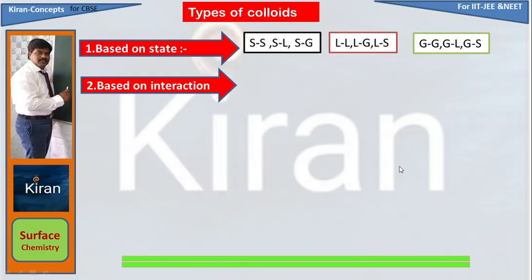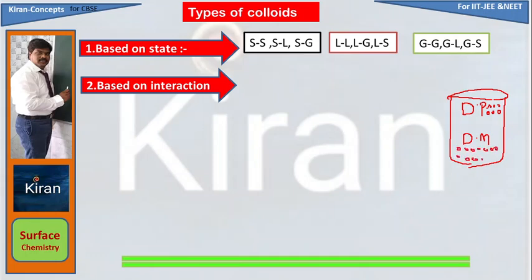Second one, based upon interaction. In a colloidal solution, we have 2 components. Component 1 is dP, the dispersed phase, and component 2 is dm, the dispersion medium. The dispersed phase is always dispersed in the dispersion medium in a colloidal solution. The dispersed phase particles interact with the dispersion medium particles.